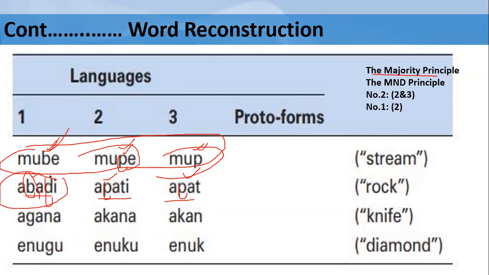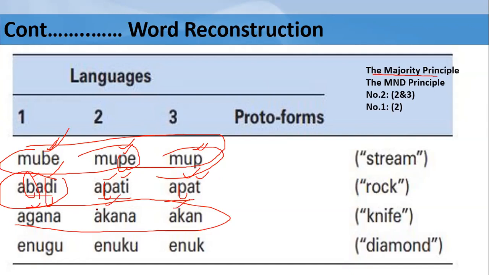In the same way, we have here the d sound, and here we have t, and we have t. So it is further confirmed. Same is the case with these words as well. The third set of cognates has got g here, and k and k. So we have got two k sounds and one g sound.